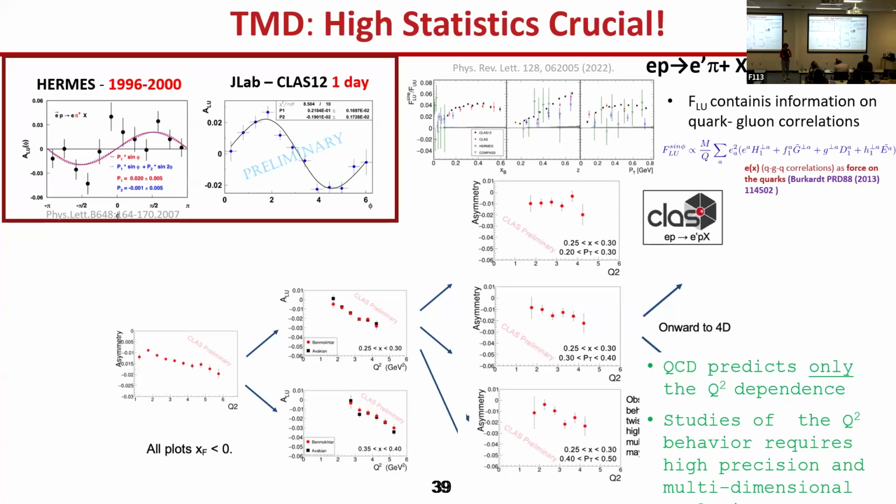This kind of study requires a lot of luminosity, because you have to do an analysis in 4-dimensional space. It's not that you can integrate. You can't study your structure function only versus x, or Q squared. You have to study your structure function versus x, PT, z, Q squared. And you see why it's important.